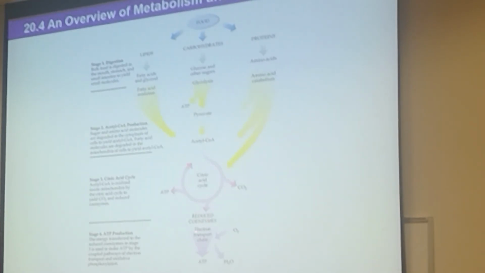So this reduced coenzyme transfers electrons, and the electrons move from one molecule to another molecule. And we know that the flow of electrons means what? Flow of electrons will always produce some kind of energy. That's where electricity comes from, the flow of electrons. So here, in the electron transport chain, the electrons will flow from one molecule to another molecule, and that energy will be used to synthesize ATP molecules.